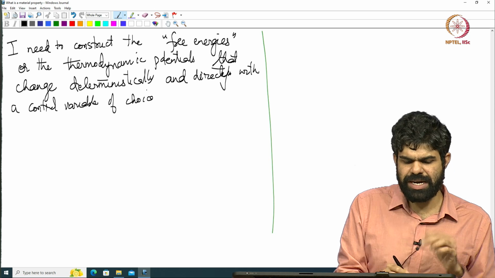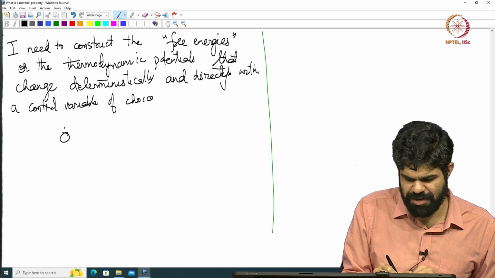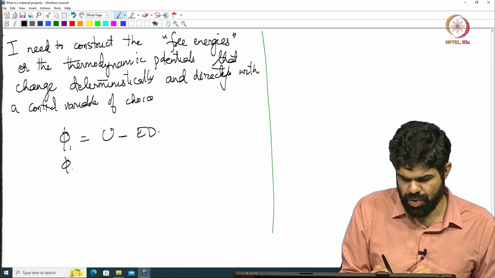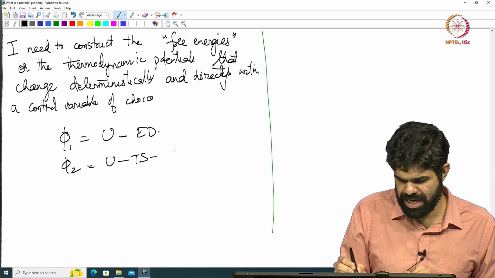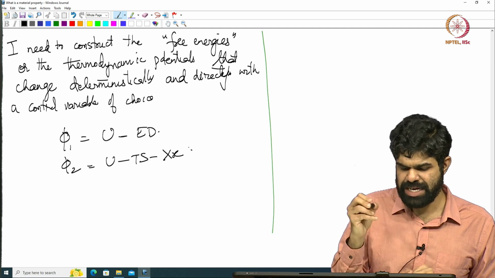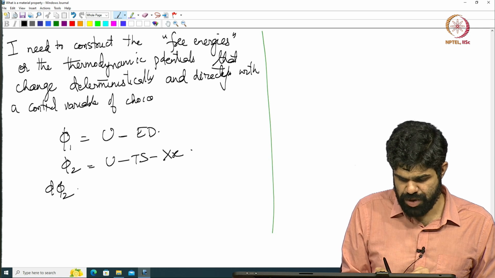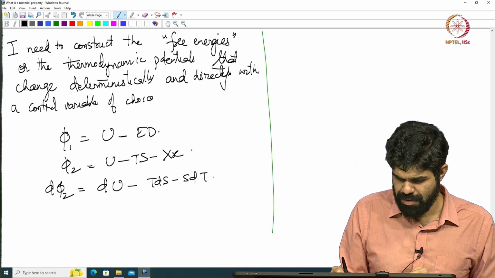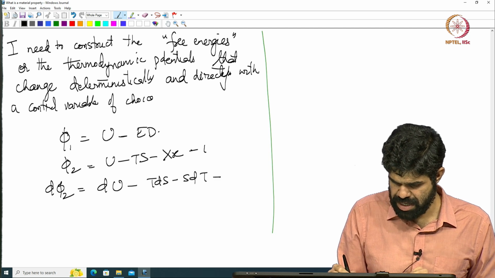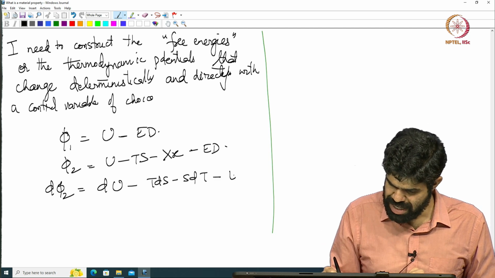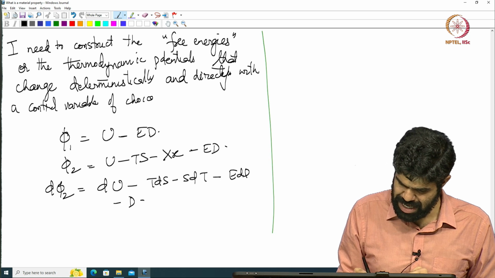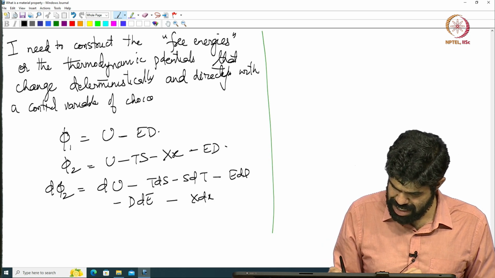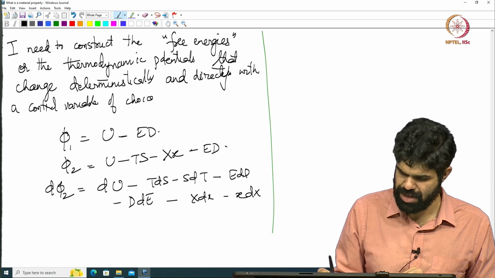Okay. So, like that, I defined phi 1 as u minus E d, right. Phi 2 I can define as u minus T s minus x X, right. So, then if I look at d phi 2, it is just du minus T ds minus s dT, minus E dd minus d dE, minus x dx minus X dx, okay.